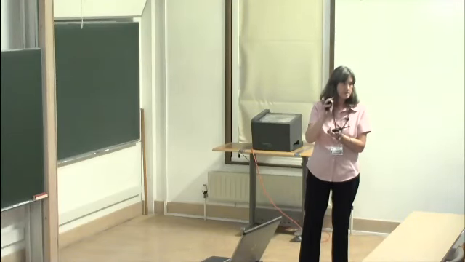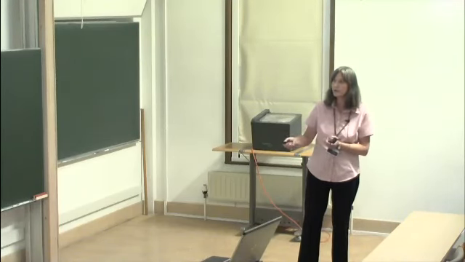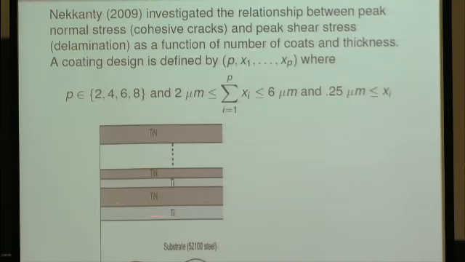This is a machine tool coating we're talking about. Here's the steel, and here are layers on top of the steel to make the tool last longer. And so he wanted to look at cracks are a problem. There's a vertical cracks.